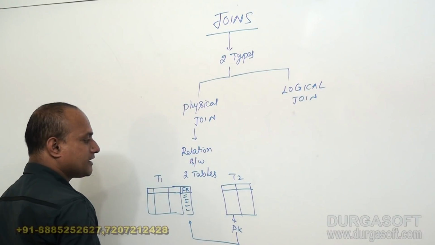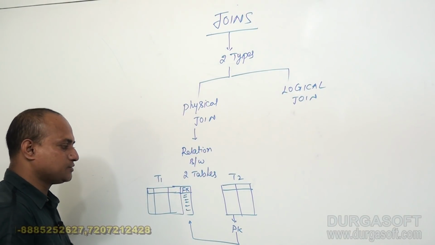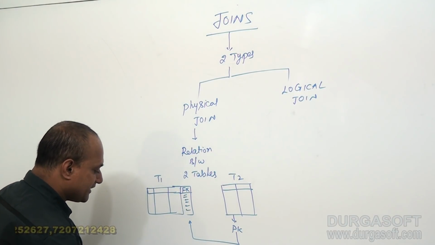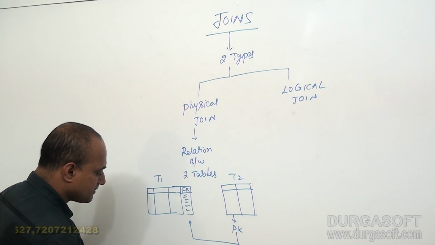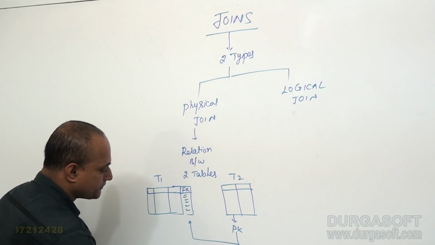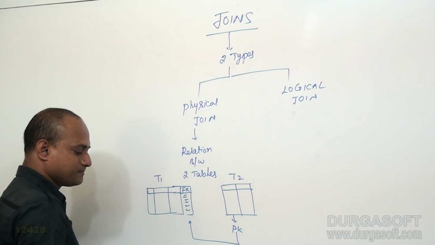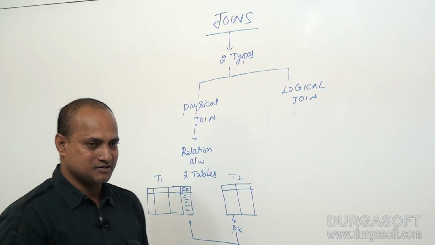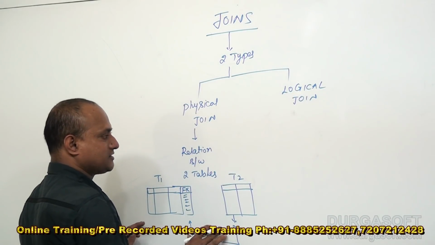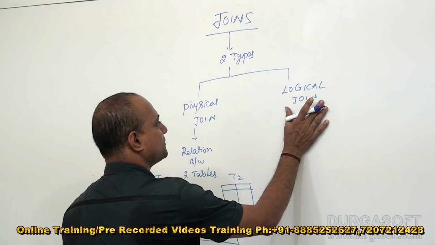This is called a physical relation between two tables. How can I implement this? By using integrity constraints, also called referential integrity constraints. This is permanent. Remember that.